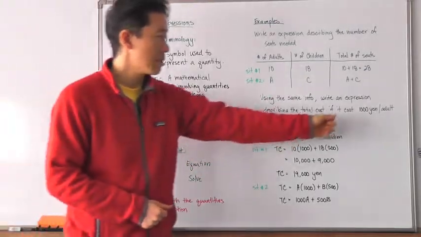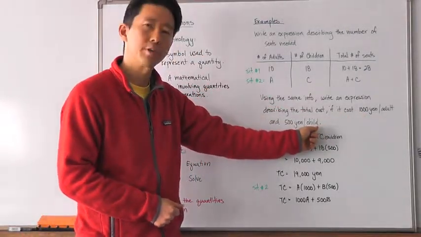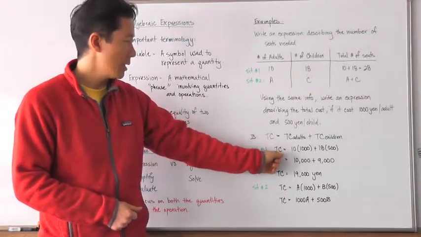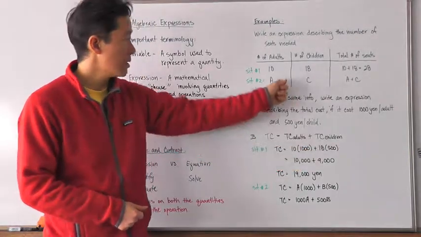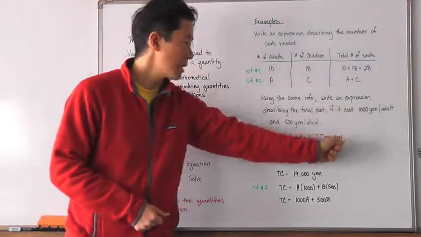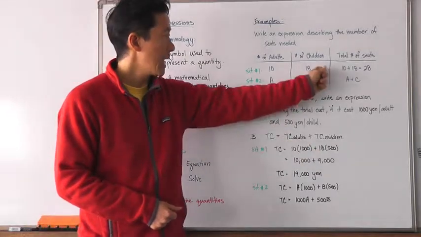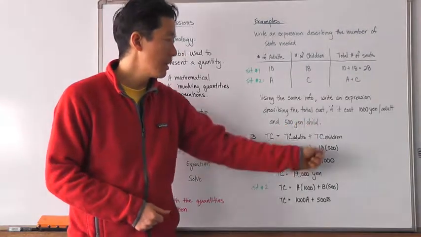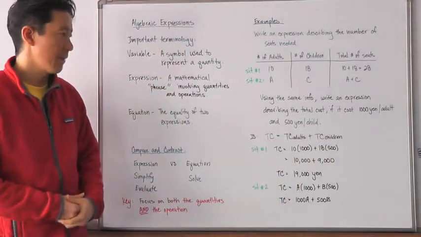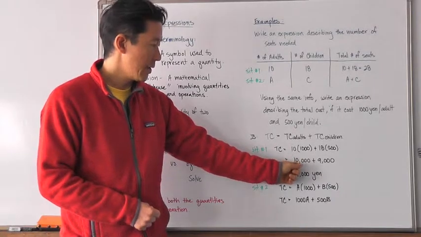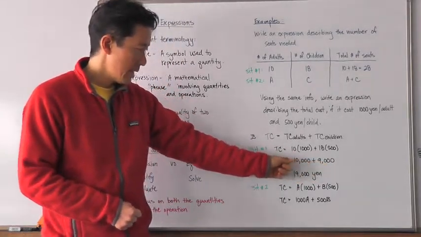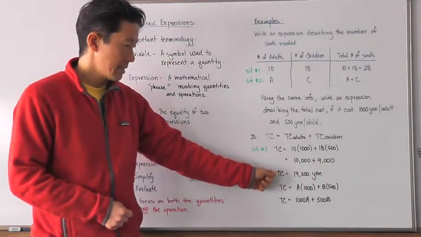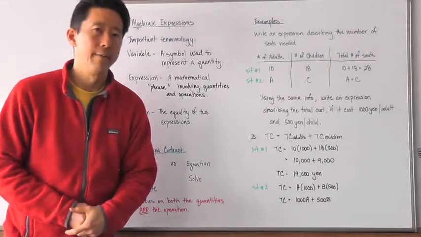I also know how much it's going to cost per adult and per child. Therefore, I can say that the total cost for everybody is going to be 10 times 1,000, because I have 10 adults at 1,000 yen per adult, plus 18, because I have 18 children, times 500 yen per child. So I can simplify by saying 10,000 plus 9,000 is going to be 19,000 yen, and that's the total cost for situation number 1.